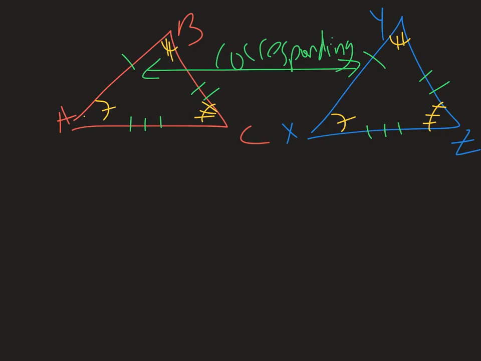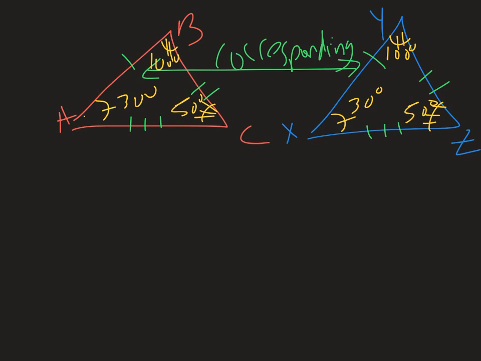For instance, if angle A was 30 degrees, then angle X is also 30 degrees. If angle B was 100 degrees, angle Y is also 100 degrees. If angle C is 50 degrees, then angle Z is 50 degrees. We can make those leaps. They're what we call corresponding congruent angles.